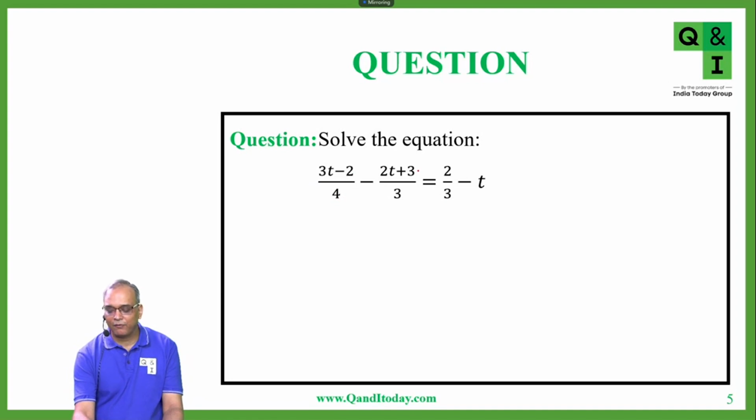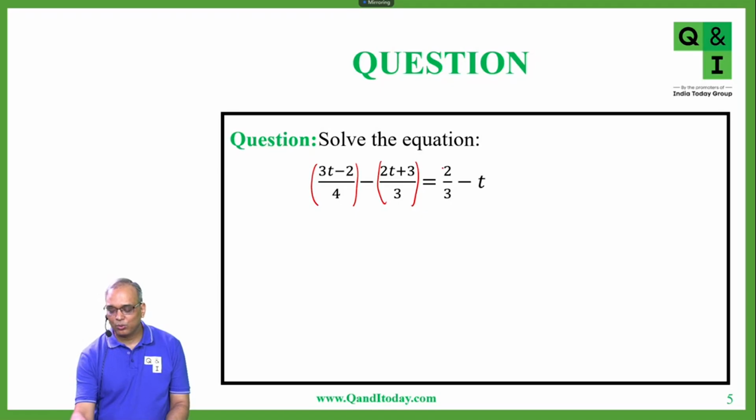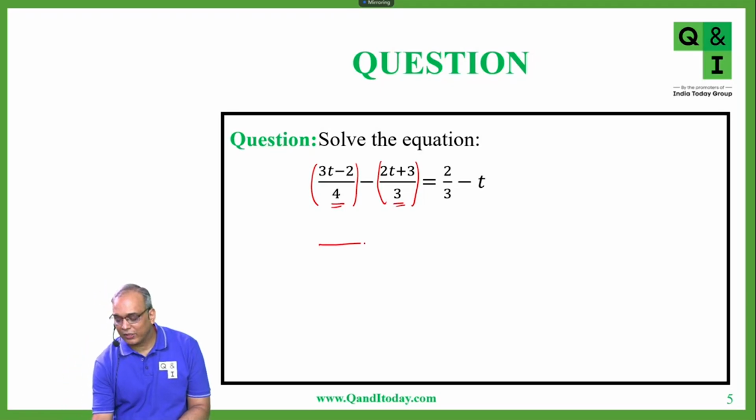So in these kinds of questions where you have (3t minus 2)/4 minus (2t plus 3)/3 is equal to 2/3 minus t, what we'll do first, see, put a bracket here, because whenever a sign is outside this algebraic expression, you put a bracket there so that you are not confused on what is being asked. Now, we'll have to find the LCM of 4 and 3. LCM of 4 and 3 is 12.